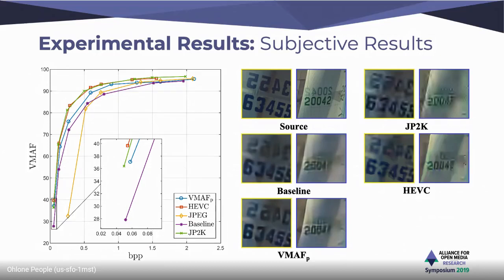So here are some perceptual results. On the left is the RD curve. This one demonstrates the low bitrate scenario. You can see that VMAF proxy optimization is better than the baseline, which is the mean square error optimization. And if you compare baseline and VMAF proxy, you can see the differences are much clearer.